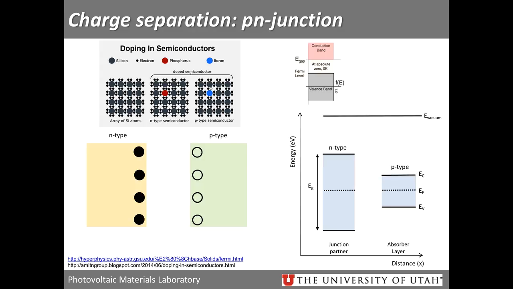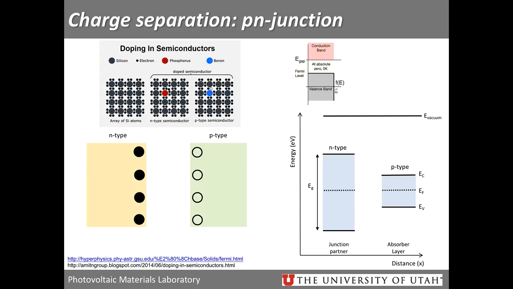Same thing is true if we add boron, which is a group 3 element. It has one less valence electron than silicon. We essentially add a hole. A hole is kind of a theoretical concept in semiconductor physics that simply implies the absence of an electron, so a positive charge carrier.